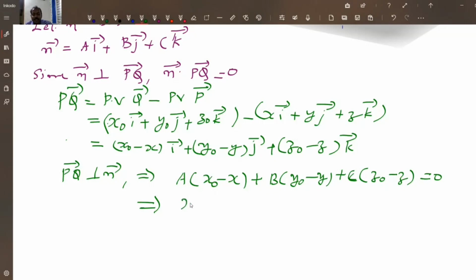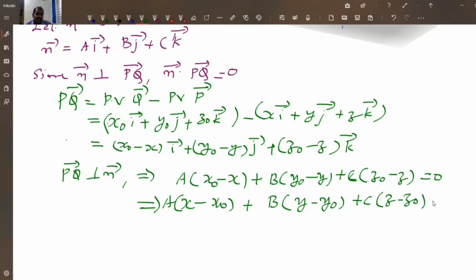So you are getting a into x minus x naught plus b into y minus y naught plus c into z minus z naught, that is equal to 0. So this is known as the general equation of the plane. So this is the equation of the plane.